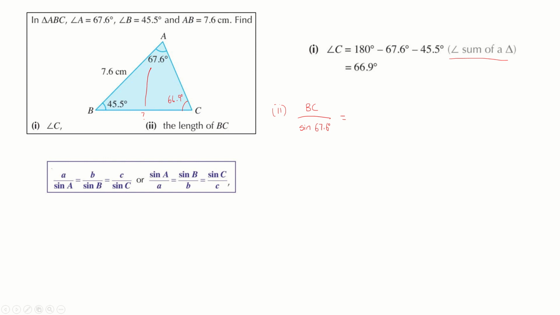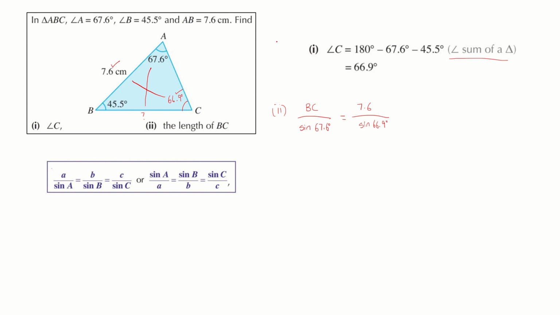But in this question, because we have 7.6 cm and this 66.9 degrees, and this forms a pair, my BC over sine 67.6 degrees can be written as equal to 7.6 over sine 66.9 degrees also.